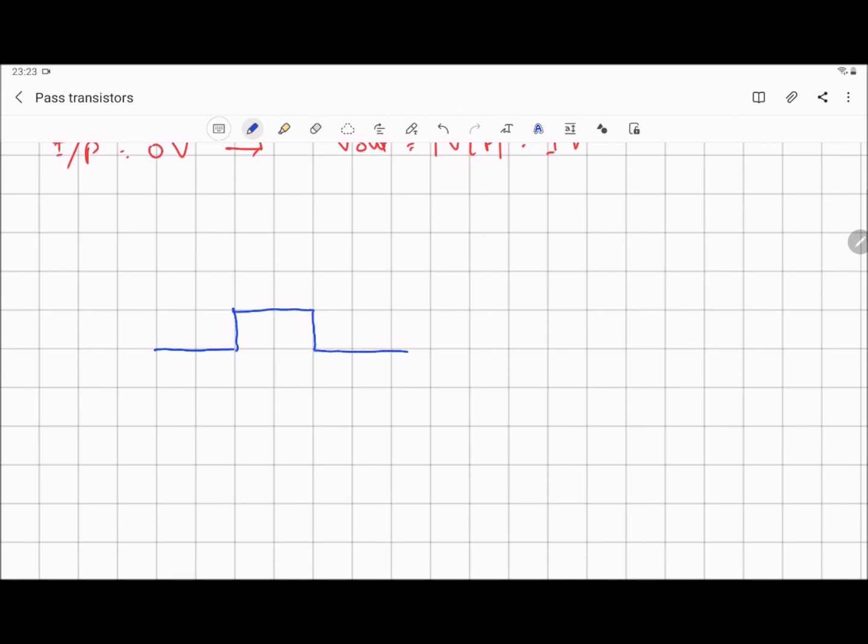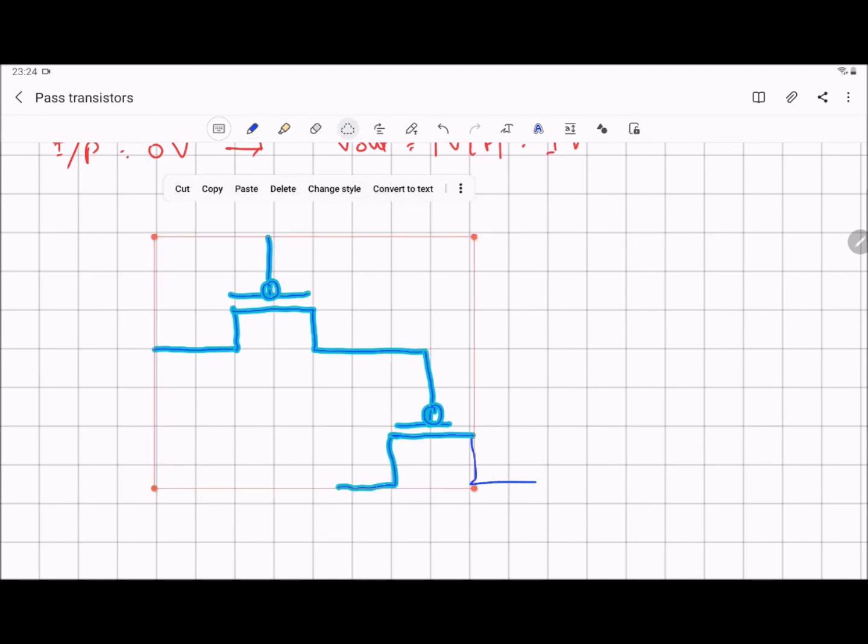I am just taking two transistors and both are PMOS. Now again I will have two cases for this, so I'll copy this circuit for my reference.